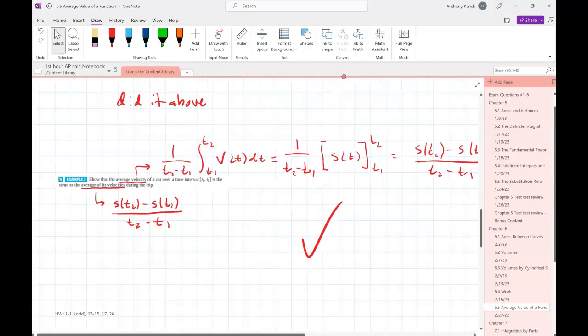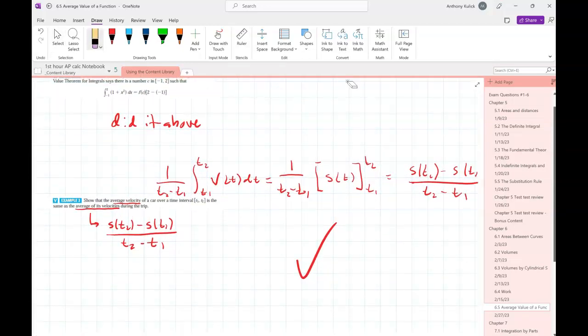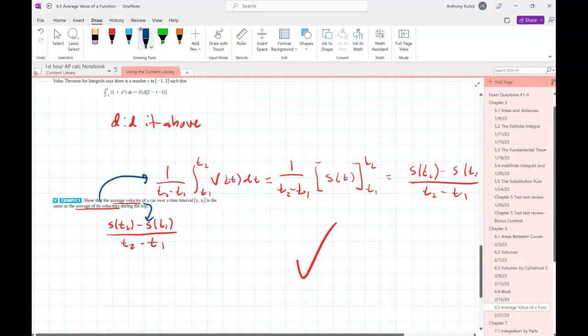Oh, you know what though, guys? The average velocity is just the total change in position over change in time. The average of its velocities is the average value for the velocity function.